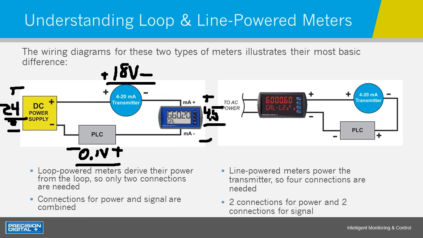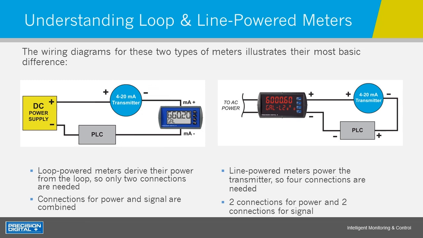But if I decided I wanted to add in another device, let's say a 2-wire chart recorder that dropped 5 volts, well, now you can see I've just got too much voltage drop in my loop, and I'm going to start having issues with the loop just dropping out. It's going to drop out my 4 to 20. The current is going to go down to almost zero. My devices will all stop working, and that will be that.